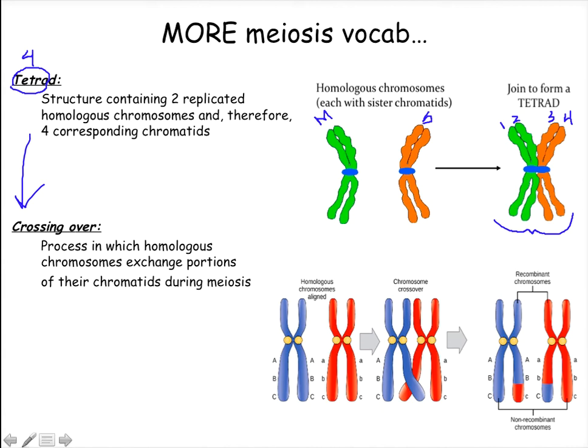You'll notice you've got your homologous chromosomes. This A, B, and C refers to the alleles of the particular genes that are there. To start with, if you've got this chromosome, its duplicate is going to have the exact same alleles because you made an identical copy.